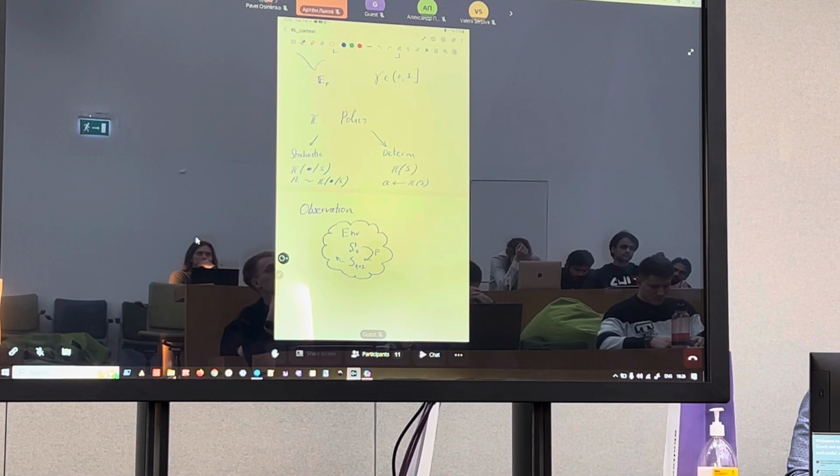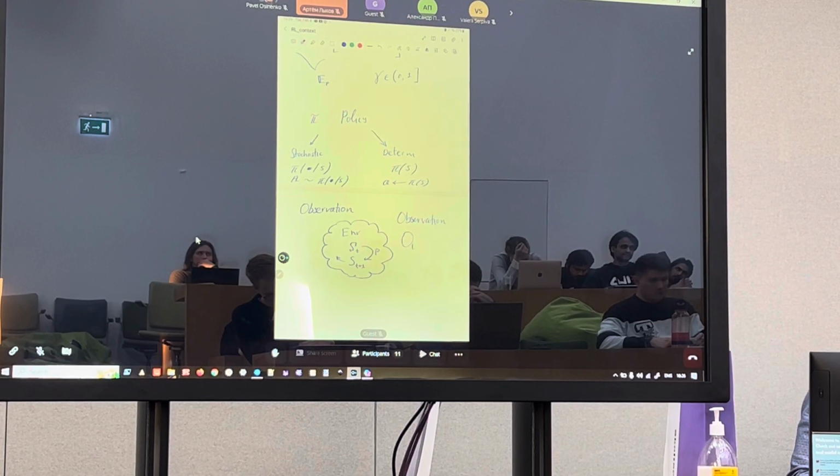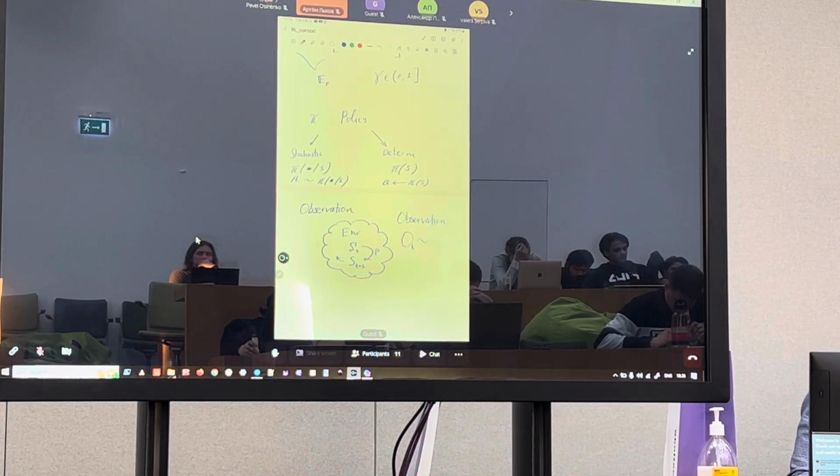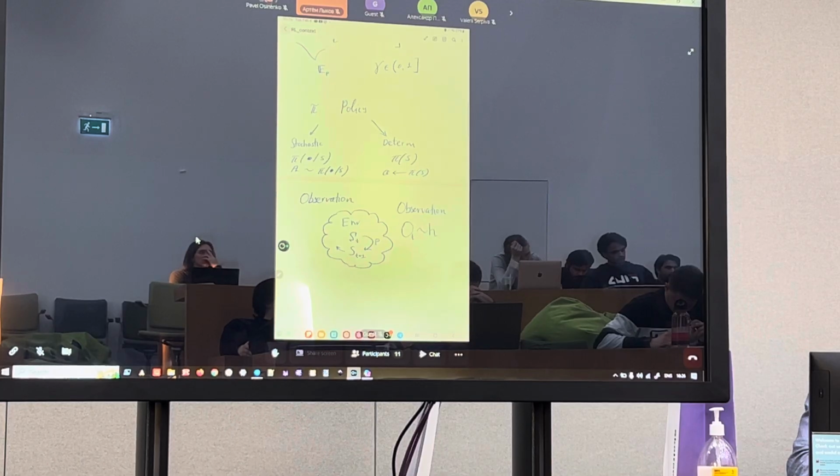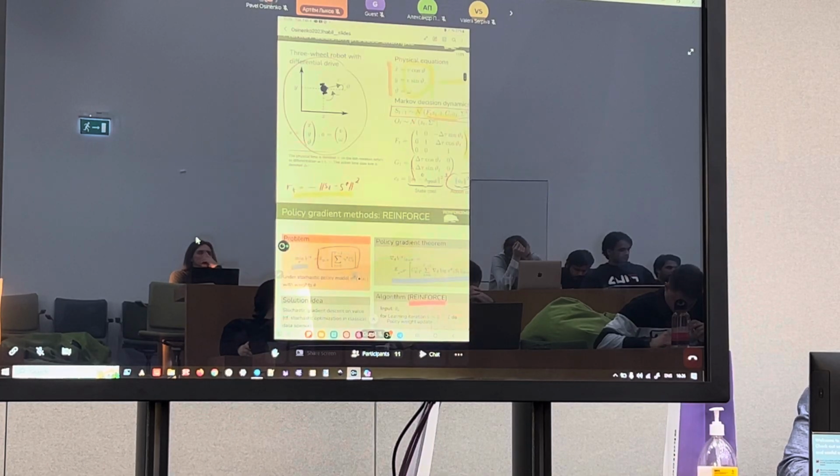Observation is denoted by a terrible letter O, that generally speaking is also sampled from, let me check the notation real quick in order to stay consistent.